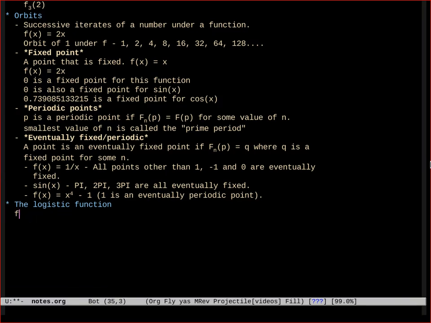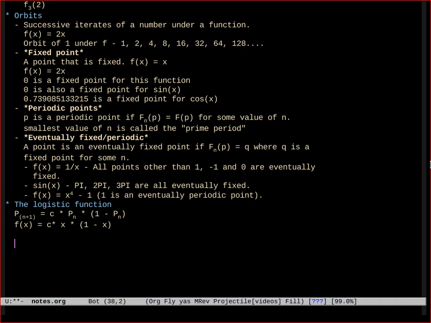The logistic function is f of, or you can say p of, it's written like this: p of n plus 1 equals c into p of n into 1 minus p of n, right? Or writing it as an equation, f of x equals c times x times 1 minus x.